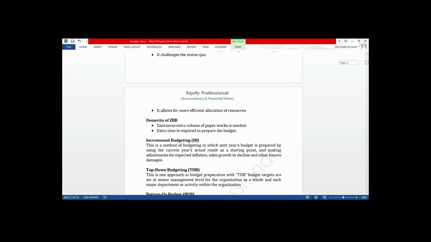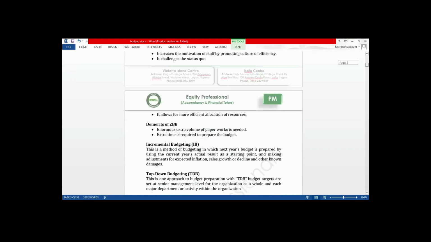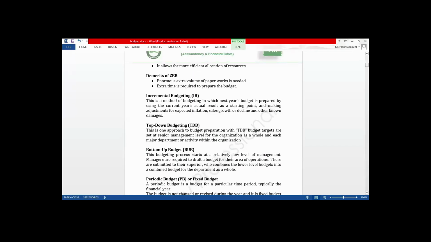Please note, we have financial budget. Under the financial budget, you can have cash budgets, budgeted profit or loss, and your budgeted balance sheet. Under budget preparation, you may be required to prepare functional budgets. If you are dealing with cash budget, please remember, budget is prepared on cash basis.